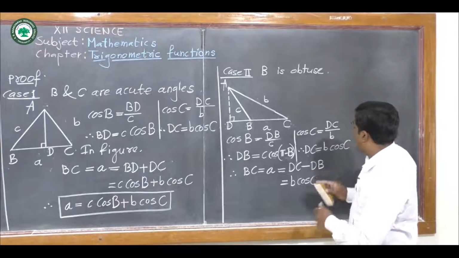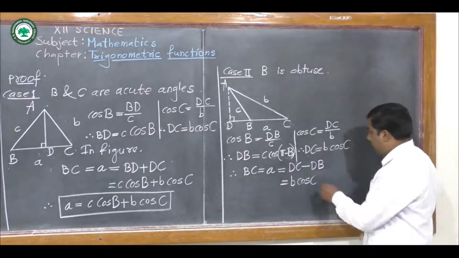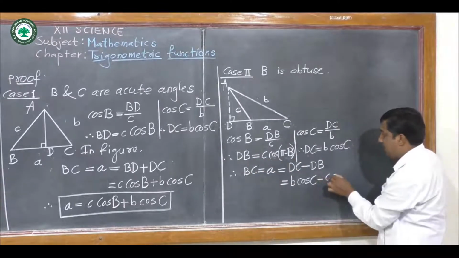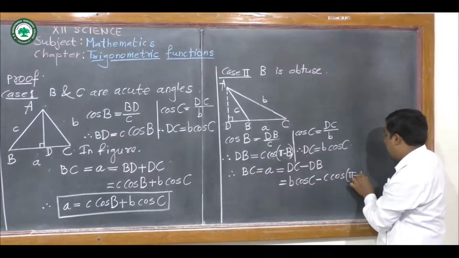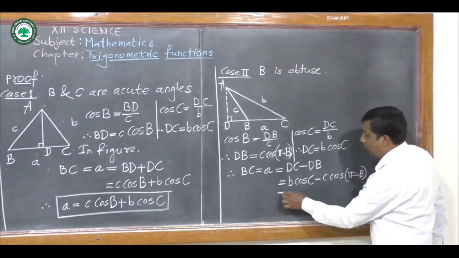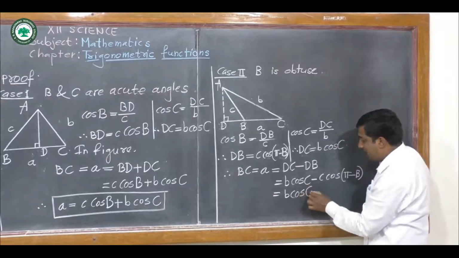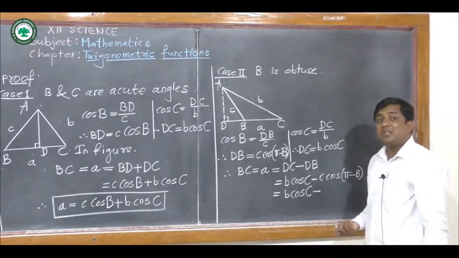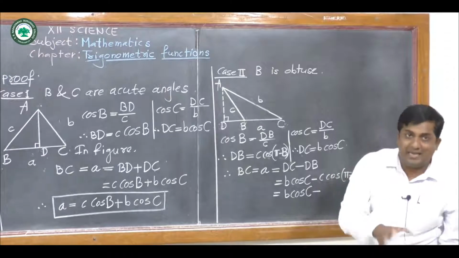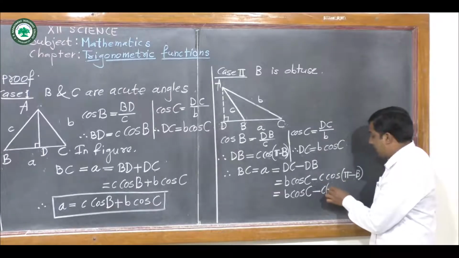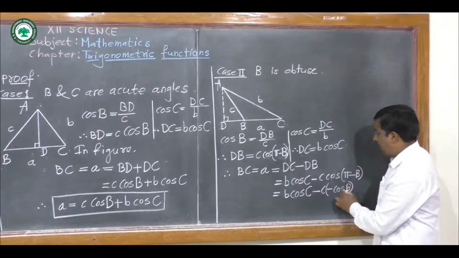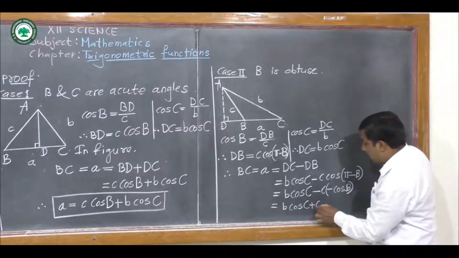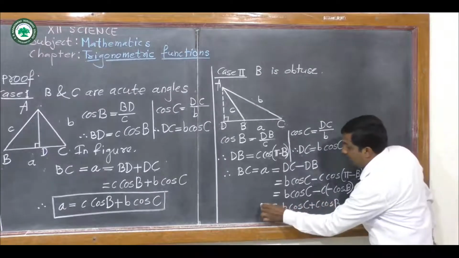So for DC we consider b cos C, then with a minus sign, DB, which is c cos of pi minus B. This is equal to b cos C as it is, minus c cos of pi minus B. Everyone knows cos of pi minus B is minus cos B. So c as it is, inside the bracket minus cos B, and in the end we get b cos C plus c cos B. So a is equal to this.